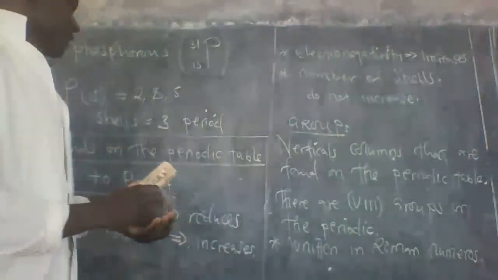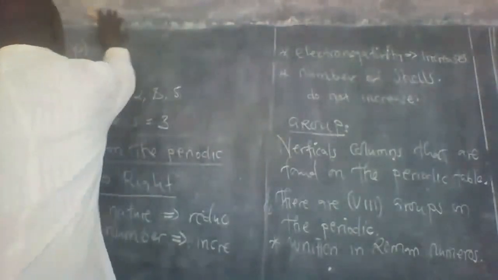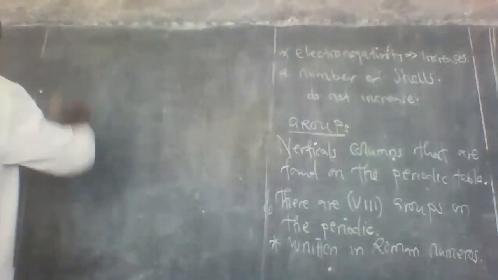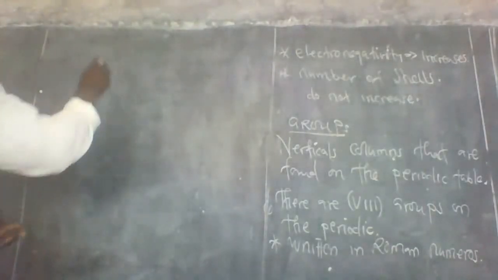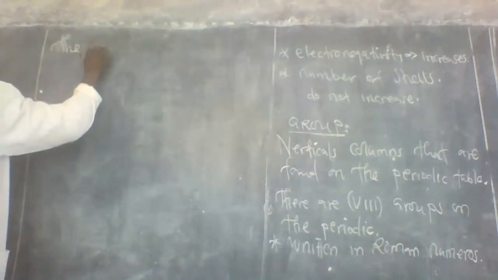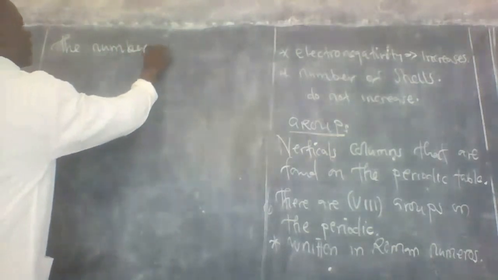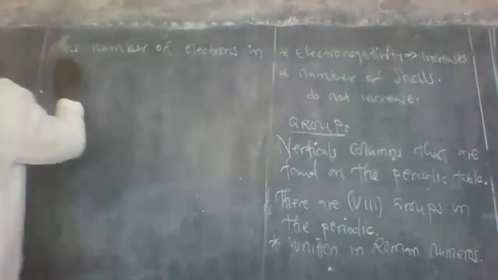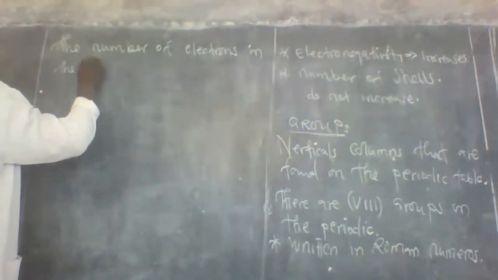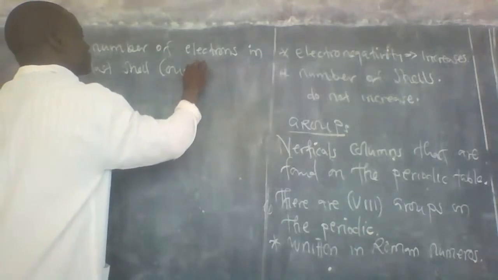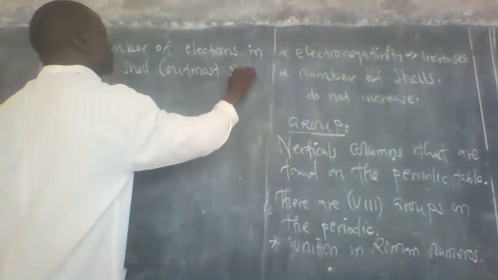Okay, so what information do these groups carry? If we say the periods are there to tell us the number of shells that are occupied, what can we say about the groups? Groups are there to tell us the number of electrons in the last shell, and these are called the outermost shells.